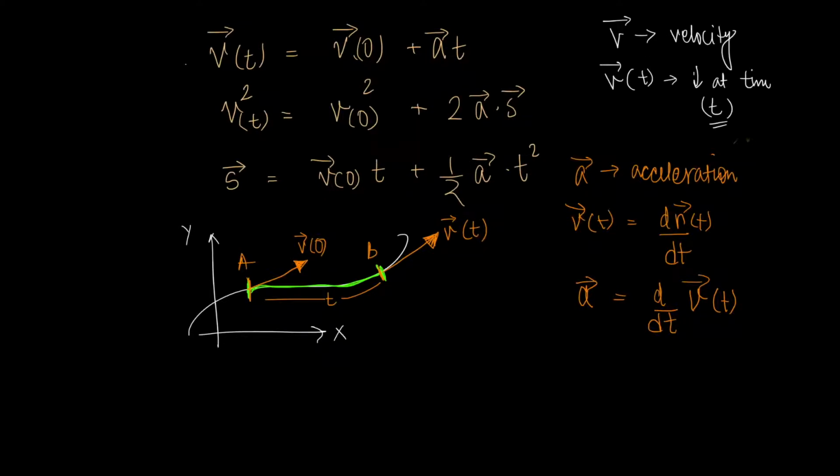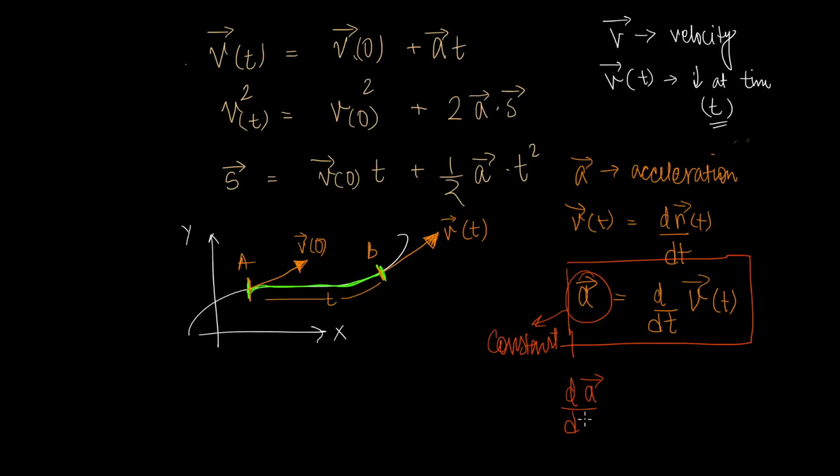But in this case, things simplify considerably because acceleration is considered constant. So if acceleration is constant, and I were to take the derivative of acceleration with respect to time, I would get an answer of 0. This is the constraint equation that we will be using in order to solve it, but that's for a later point of time. For now, let us clarify what v of t and v are.